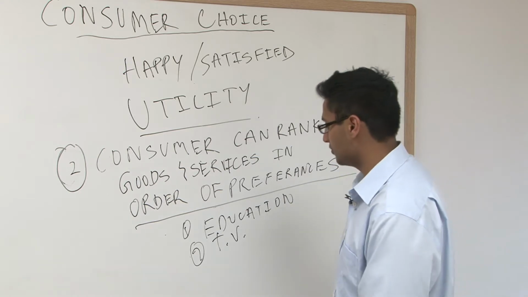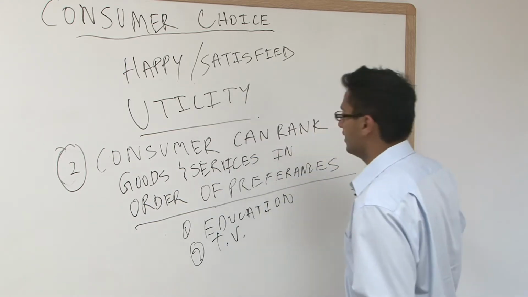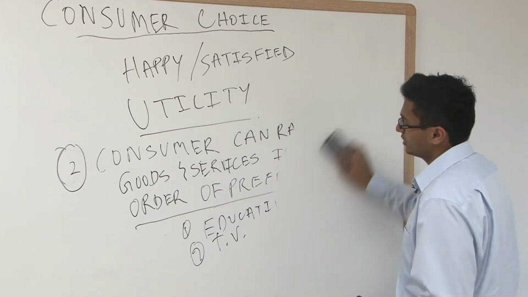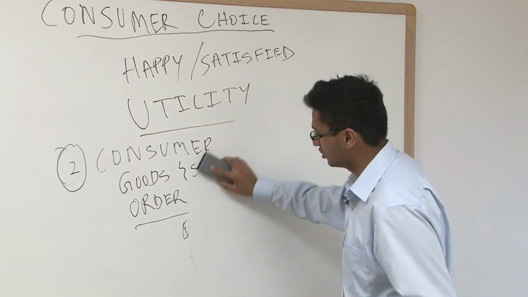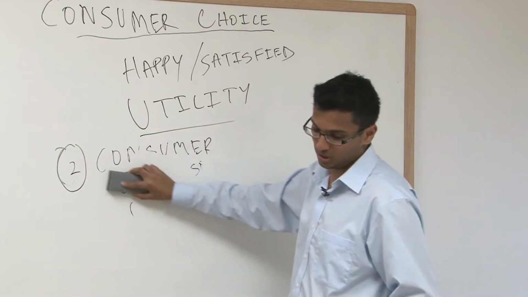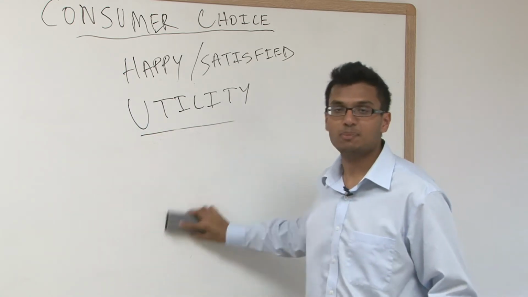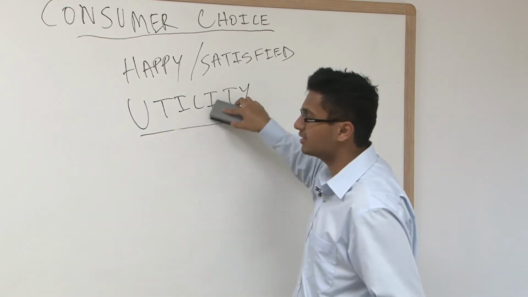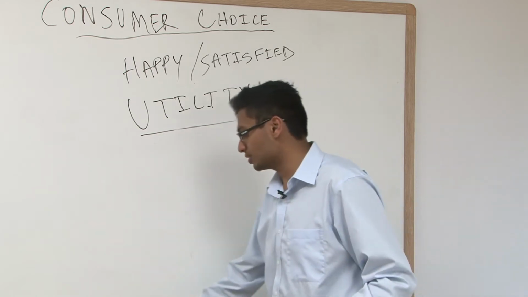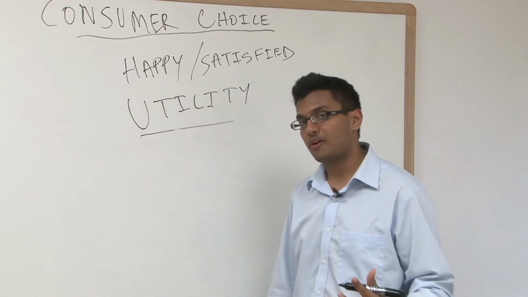All right, let's go with number 3, okay? So what is number 3? So we said 1 was the fact that consumers are rational. They spend money because they get some utility, some happiness from products or goods and services. 2 is they can rank preferences.